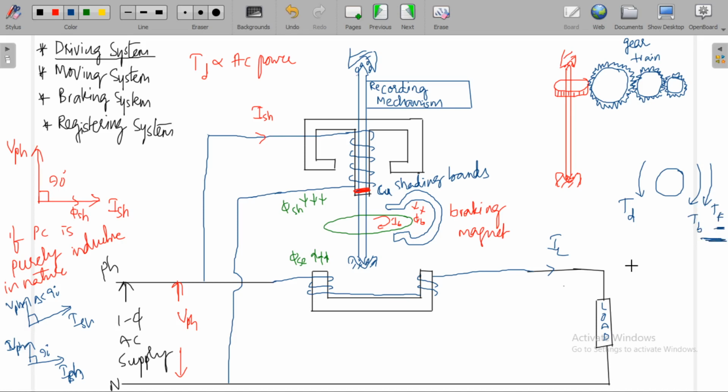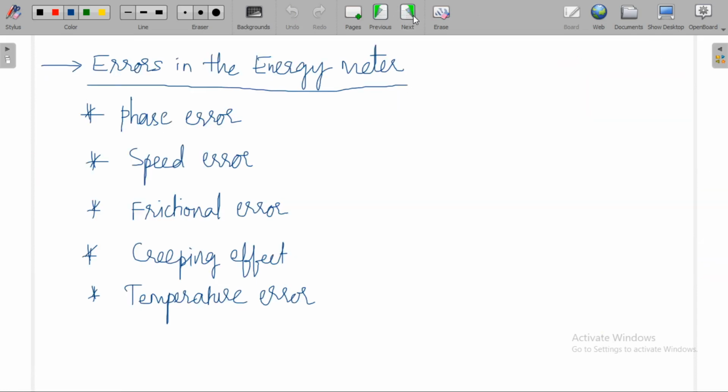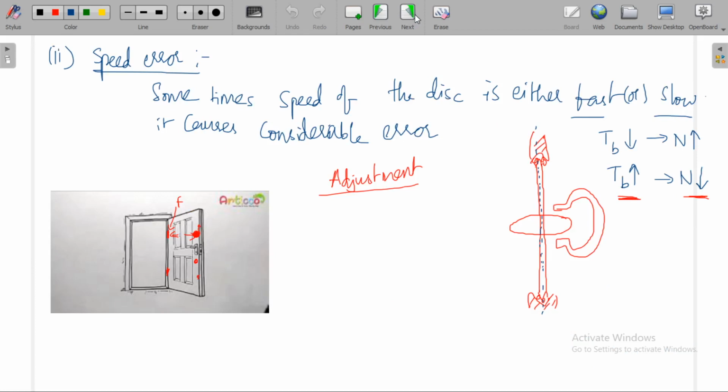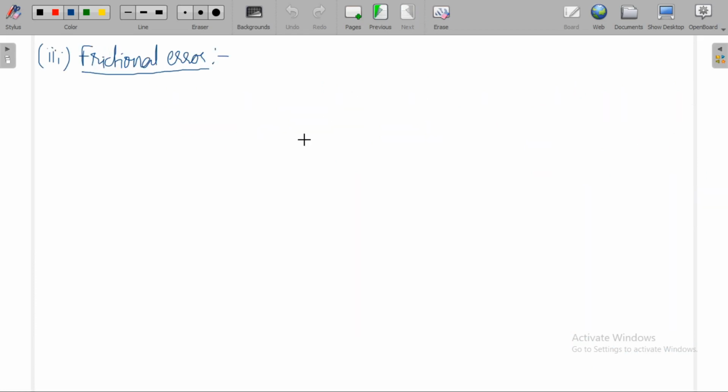At light loads, TD is less. If TD is less, then because of this additional frictional torque, the disc may not rotate, or the speed of the disc is very low. This error is called frictional error. This is TB, this is TF, and this is TD.